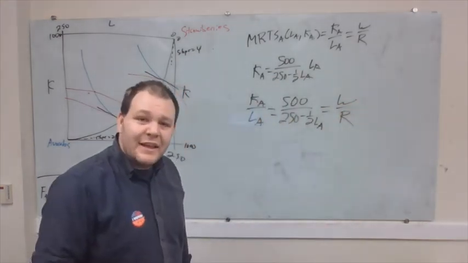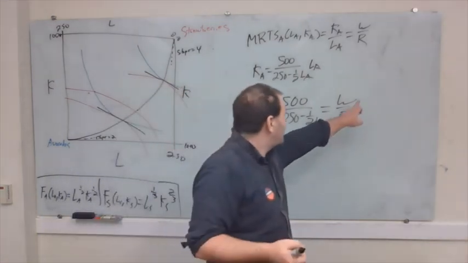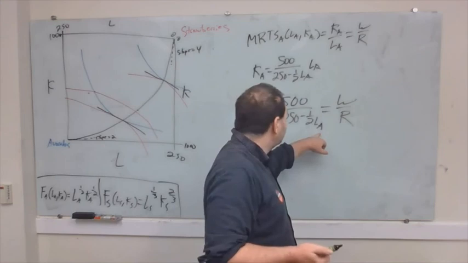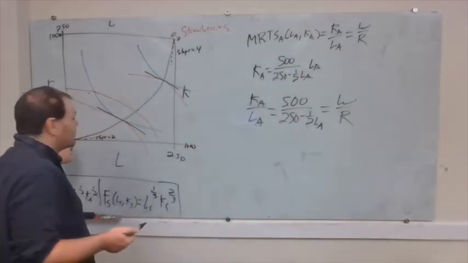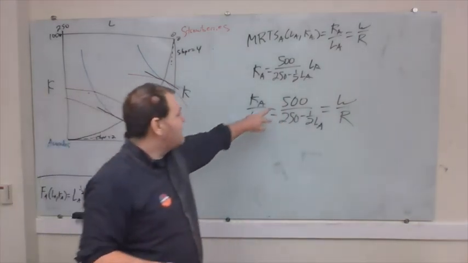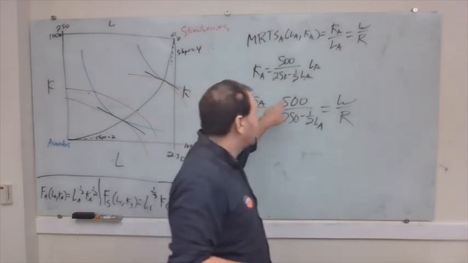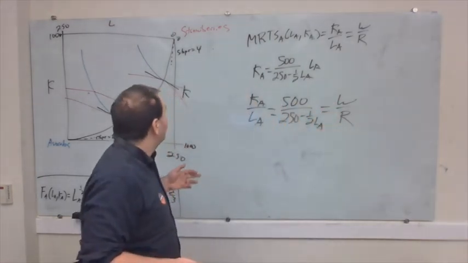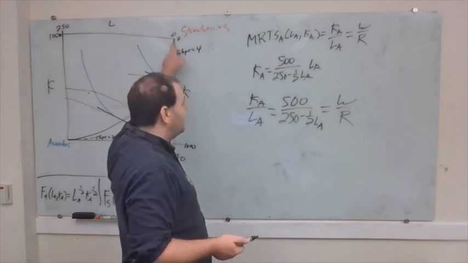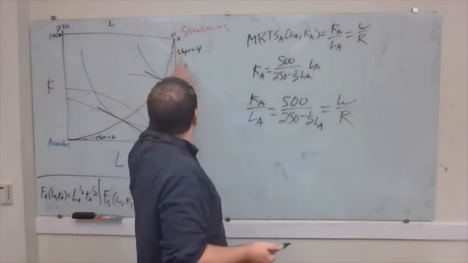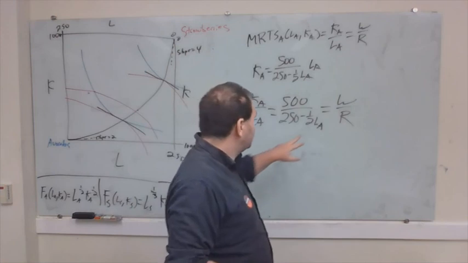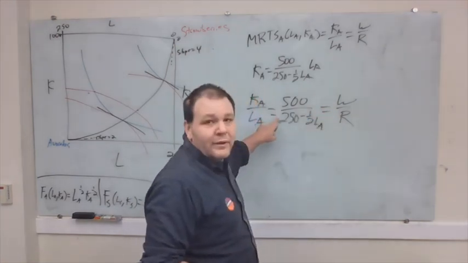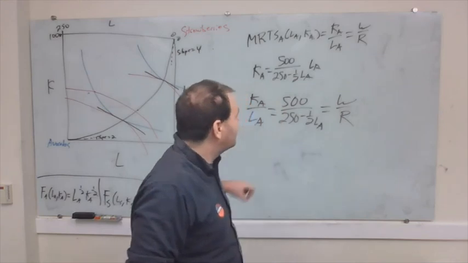So what's this going to tell us? It's going to tell us that the wage relative to the cost of capital, when we're not producing very many avocados, is going to be about 2 to 1. Workers are going to earn twice the rental rate of an acre of land. When we're producing all avocados, when we've got lots and lots of avocados produced, the wage rate relative to the rental rate is going to be about 4 to 1, 500 over 125.